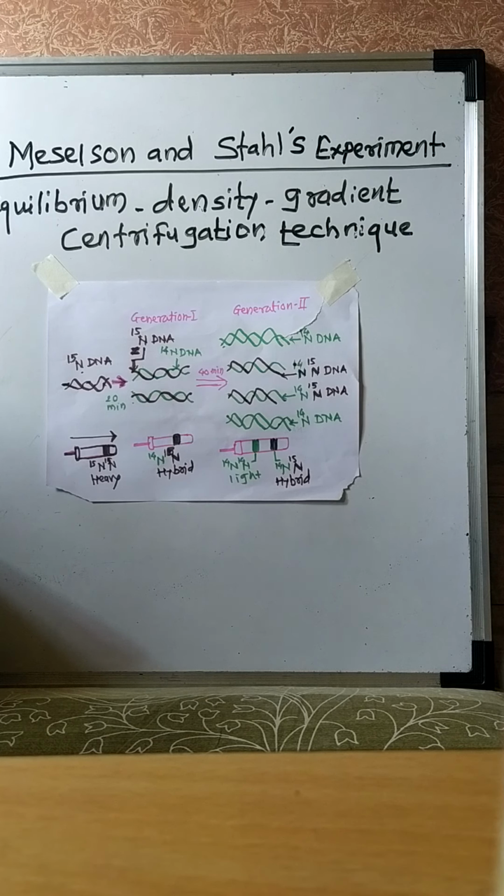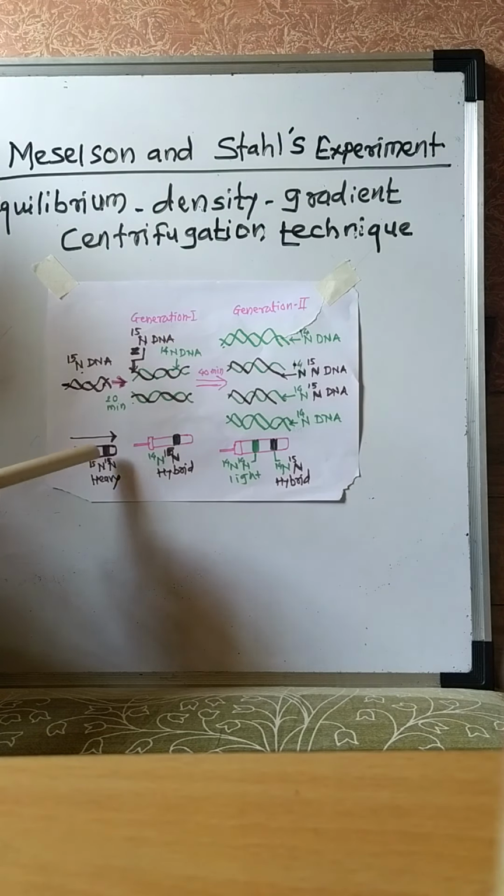Remember this. So they first cultured the E. coli bacteria in a culture medium containing normal or light nitrogen N14, and then they obtained an equilibrium density gradient band.